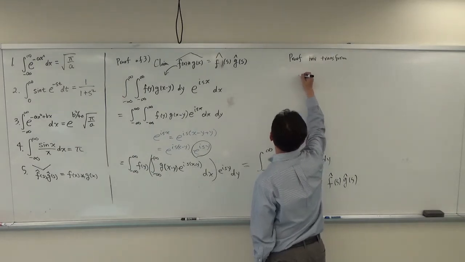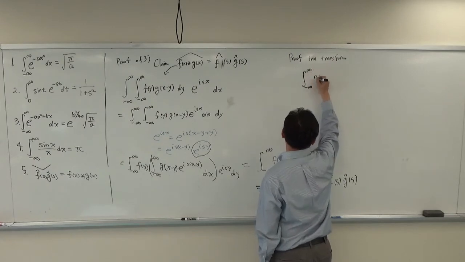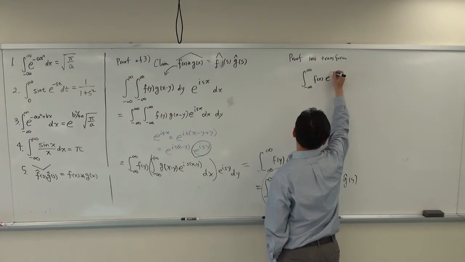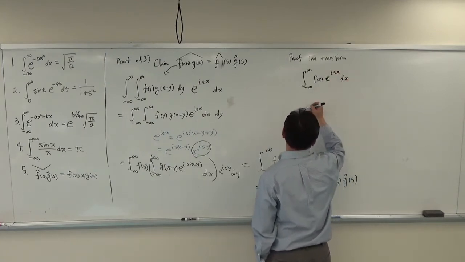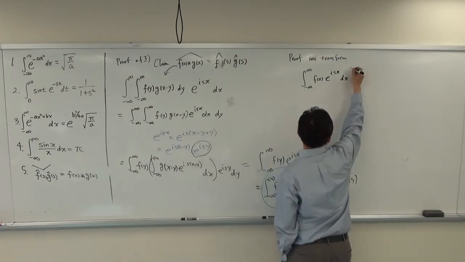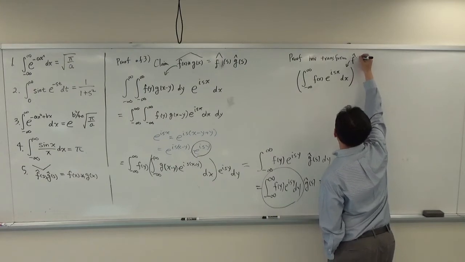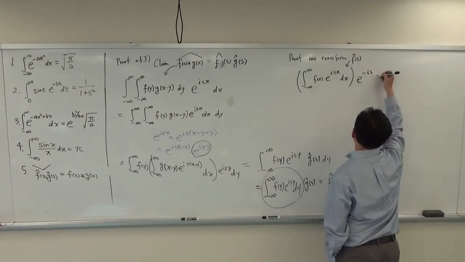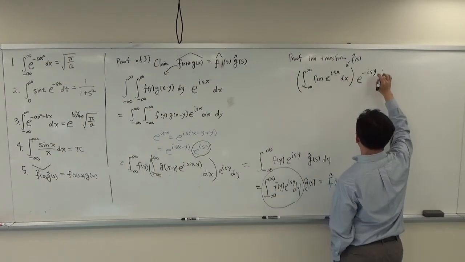So we want to show that if you take the Fourier transform of f(x) e^{isx} dx, which is a function of s, so remember this is f hat of s, and you multiply by e^{-isy}, and instead of x, let's put y so that we can distinguish x and y.